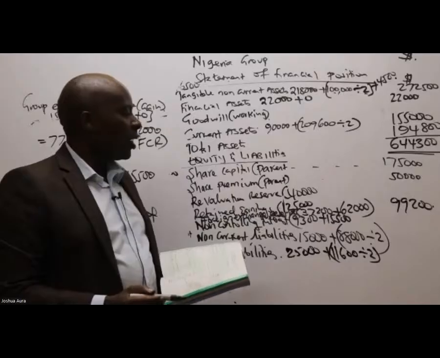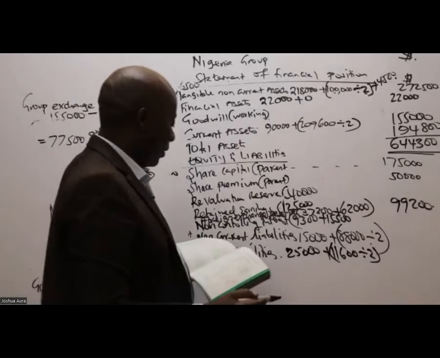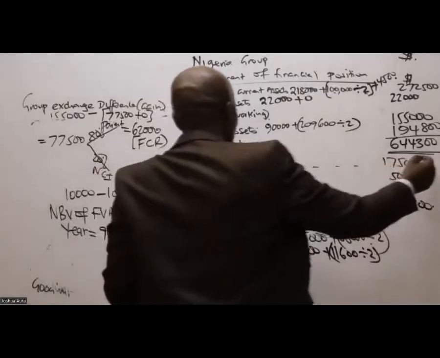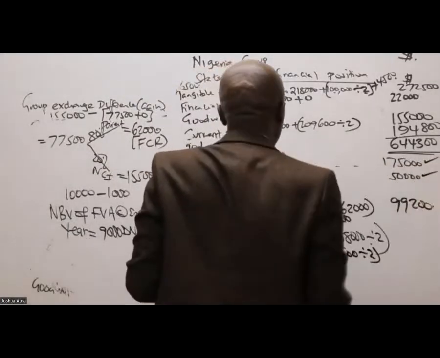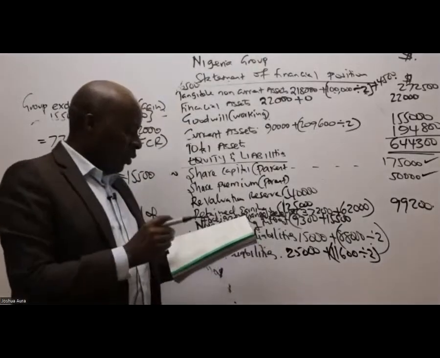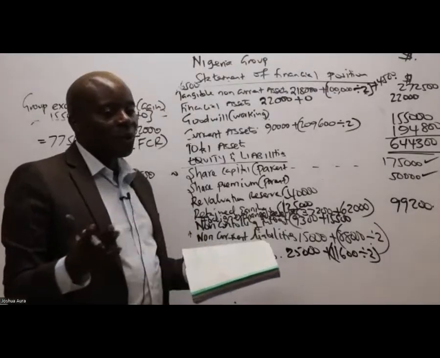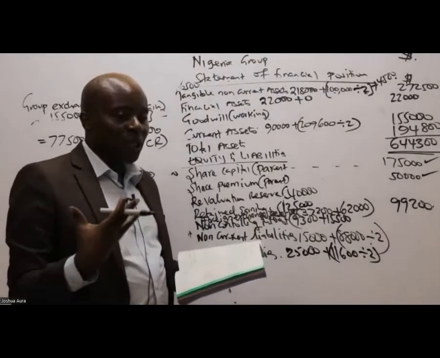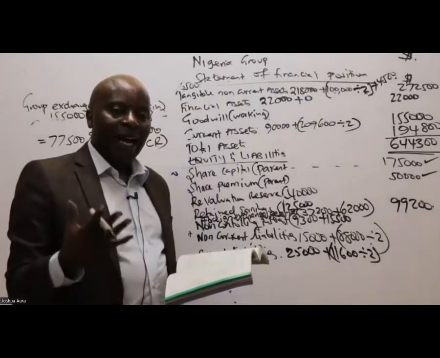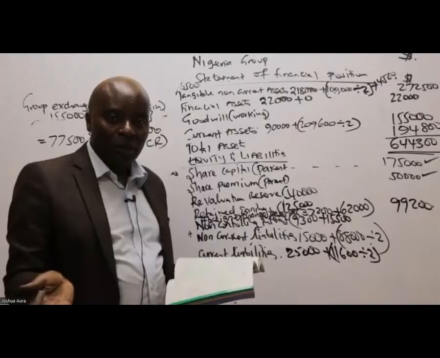Now from there, share capital is exactly the same. Share premium is also exactly the same. Now there is this revaluation reserve. Under revaluation reserve, if you look carefully, there was no disturbance. Assets of the parent were not revalued at all.